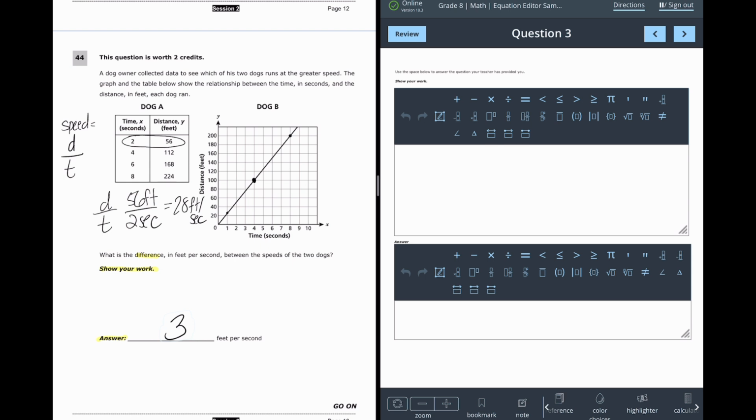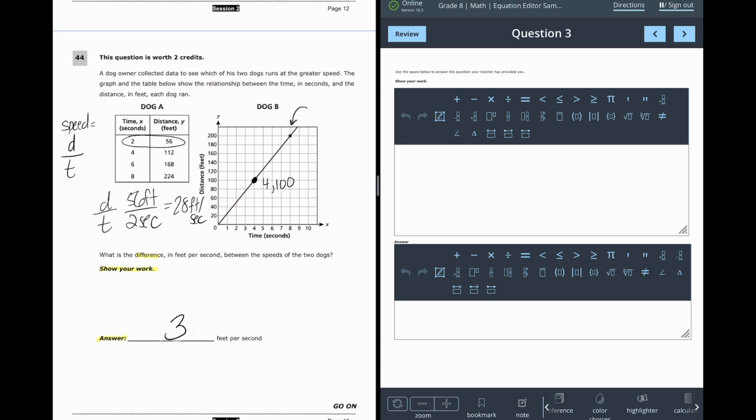All right, let's look at dog B. I can use any points on the line, to be honest. And I have 1 point already given to us here. So I want to use one that is very clear and easy to use, one that looks like it's right on the crosshairs. And this one here seems to work well at 100. But I can use any of these points.